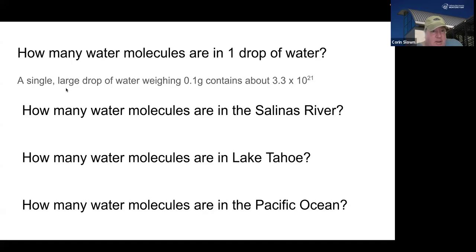essentially say, if it's 0.1 milliliters, then I know based on density, right? I've got 1 milliliter, 1 gram. So that's the same as saying I have 0.1 grams. I know the molar mass of my water, or I can calculate it from a periodic table.